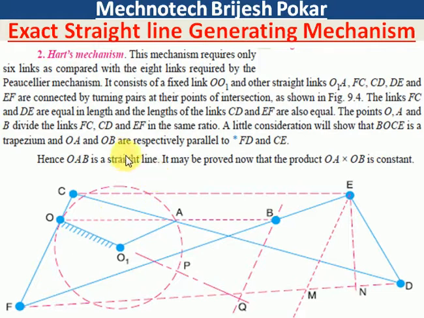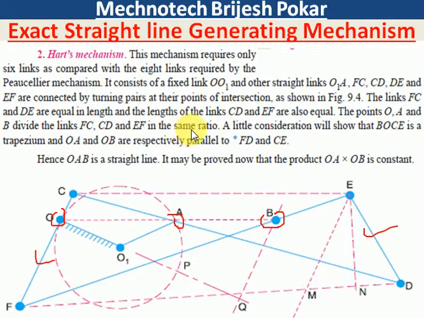Now here FC and DE, that means CF and DE, are equal. So I tick mark over here, FC and DE are equal in length. The points O, A and B divide the links FC, CD and FE in the same ratio, okay.